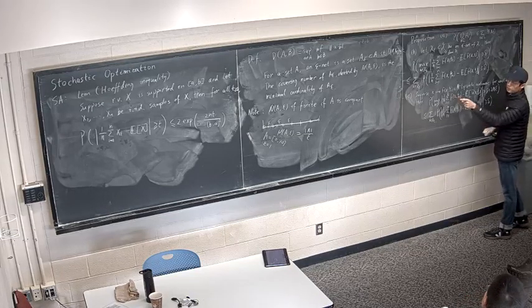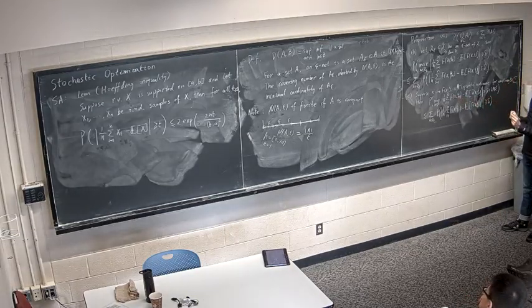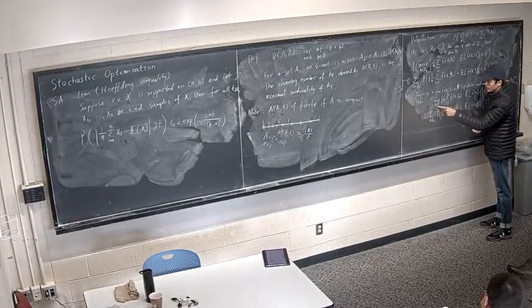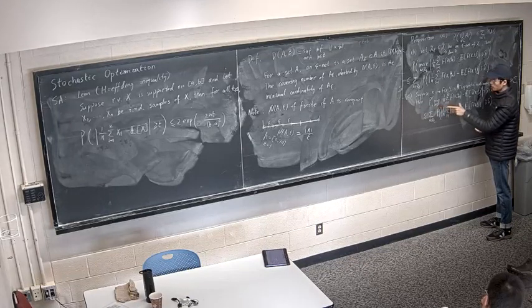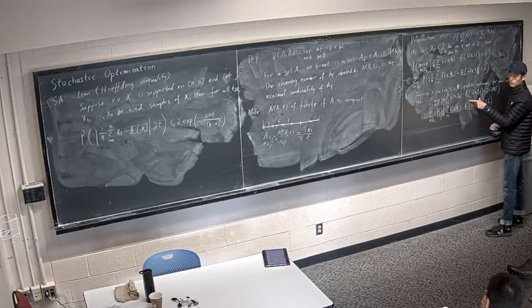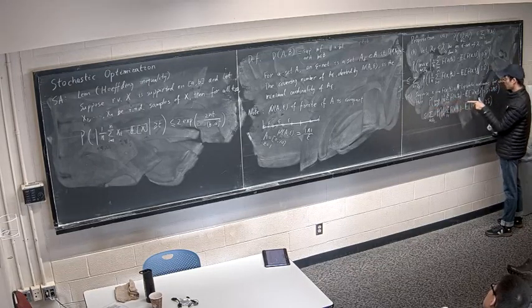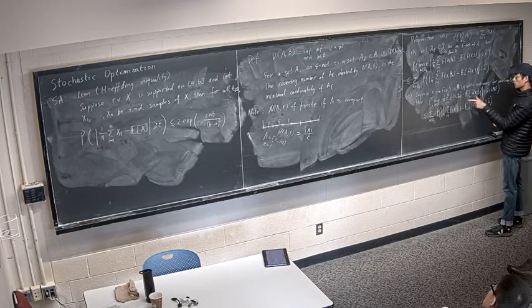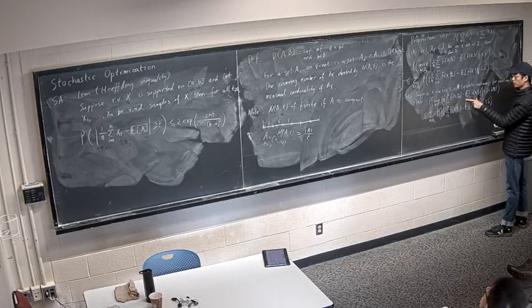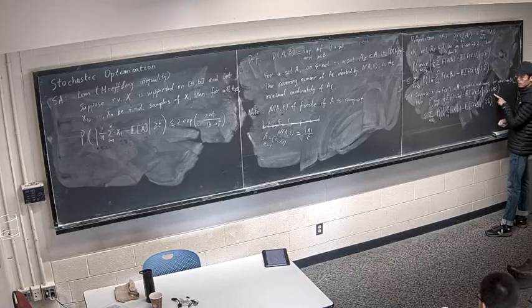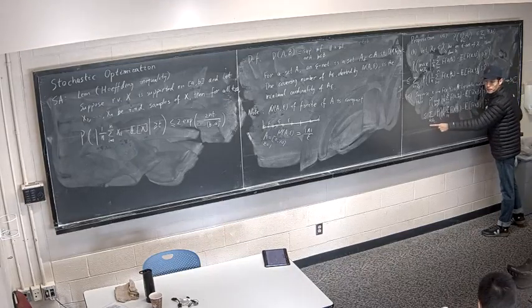Previously, when we used Hoeffding's inequality, it was just for one point. But here this is the max over all points, for any point x in the domain of H, which is what we care about in stochastic optimization. This is your SAA, and this is SO. So for any point x in the domain of H, the difference between the SAA and the SO, if it's greater than or equal to this threshold, is bounded by this probability.